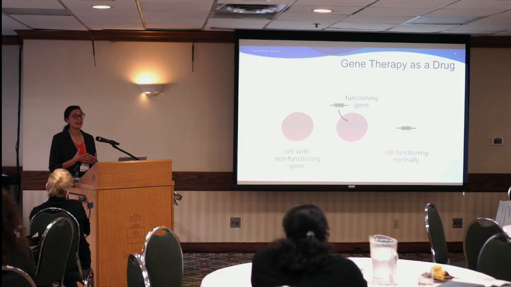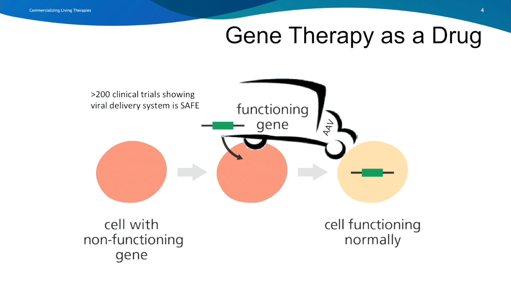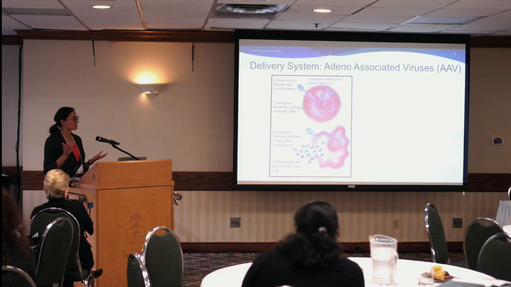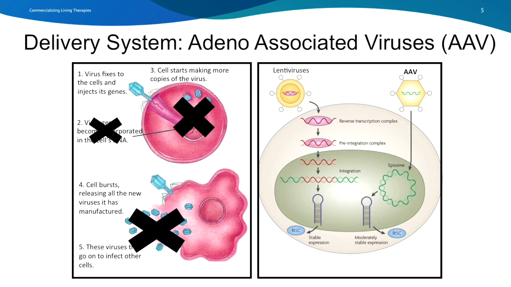And we do see in vivo settings of functional recovery. And the way that we can get that functioning gene into the cell is by a particular delivery system. I have a little truck here, and that is our adeno-associated virus. As you know, it's not like most viruses that will get into a cell, replicate, and ultimately lyse the cell. Instead, this is a recombinant AAV, so I'll explain a little bit about that in our next slide.